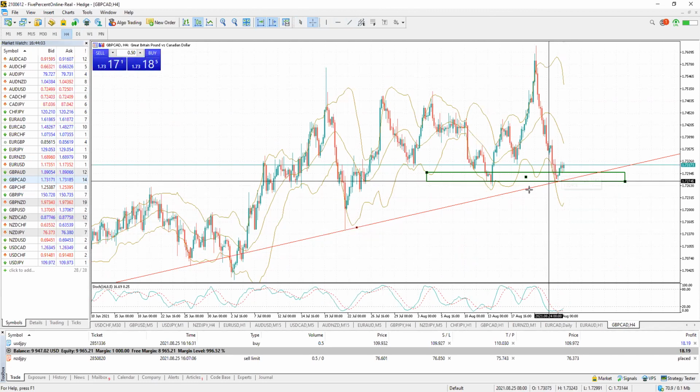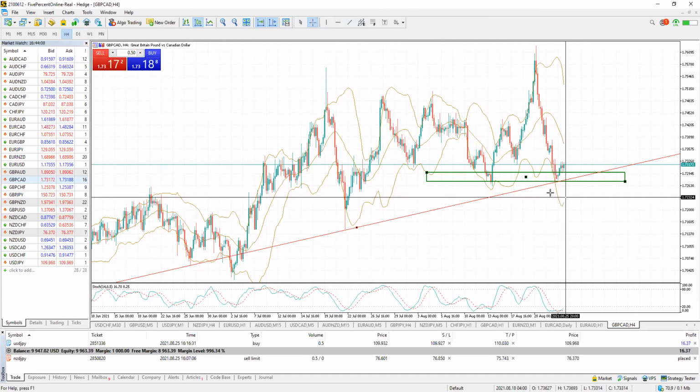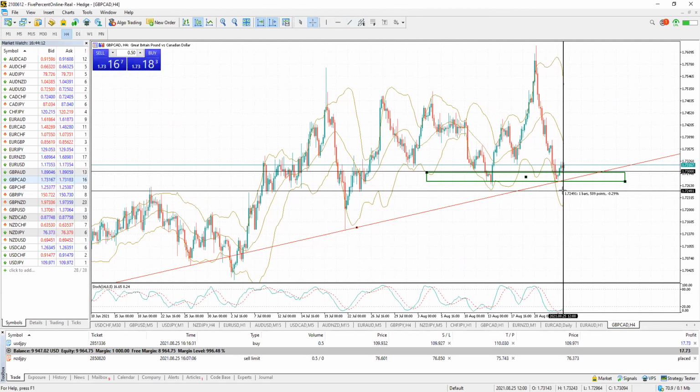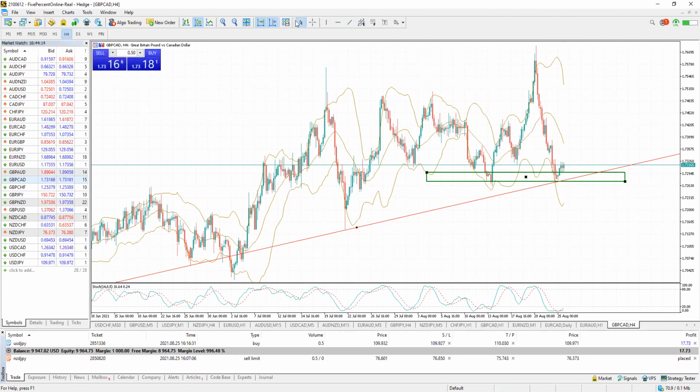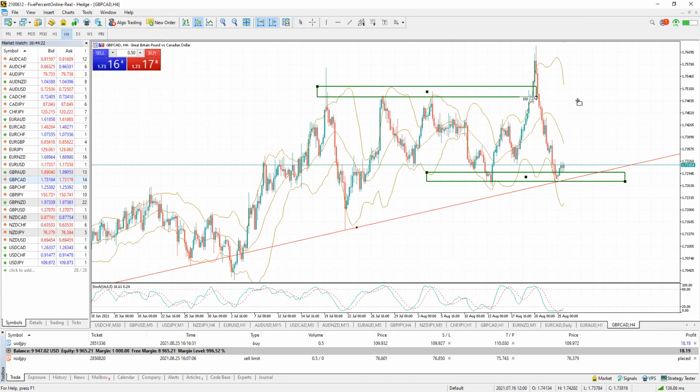I can exit with one stop loss here and one stop loss here. If you don't want to risk too much, you can put your stop loss at a few pips, so it will be 50 pips. And I think this level can be a good objective.